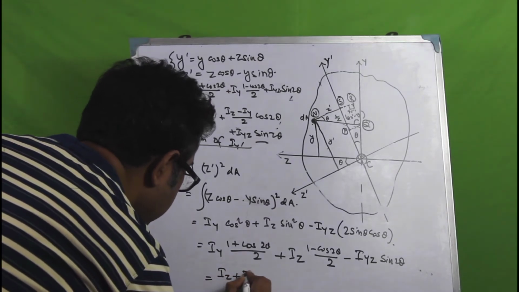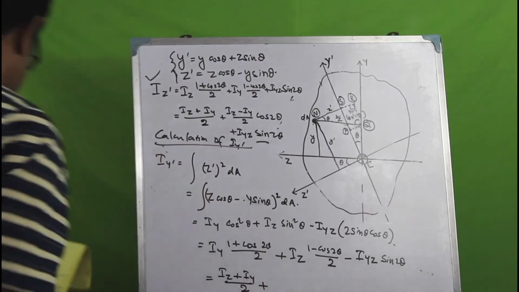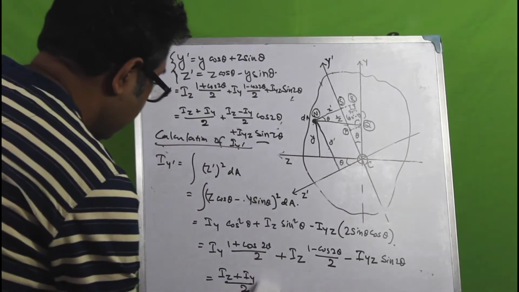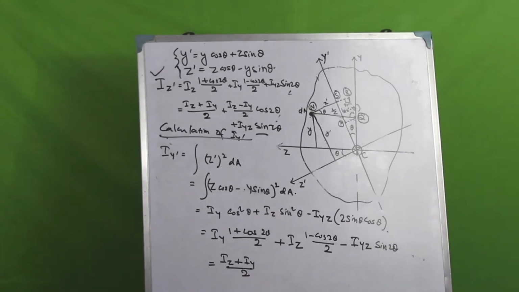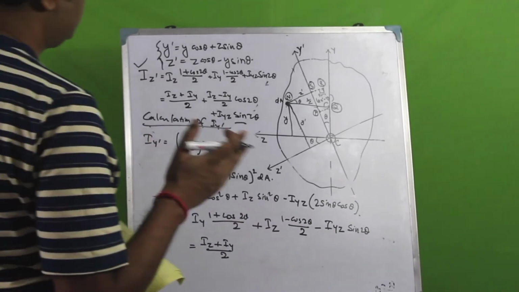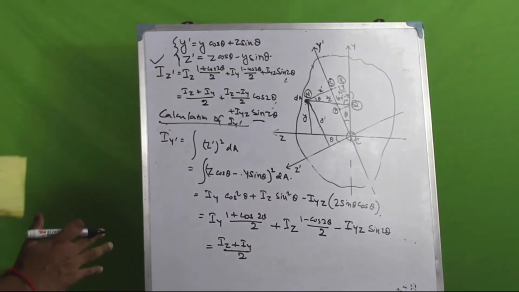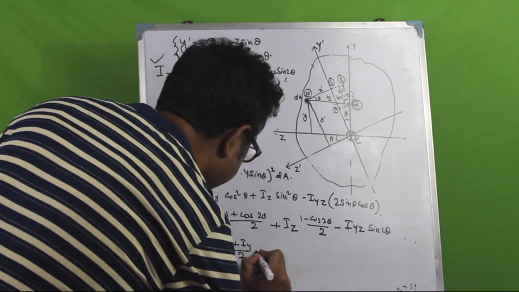(Iz plus Iy) by 2. Again, I'm saying that it's not important to remember the deduction. What is important is that you need to appreciate that there is a relationship between the moment of inertia about one set of centroidal axis and the other, and you just need to be aware of that relationship.